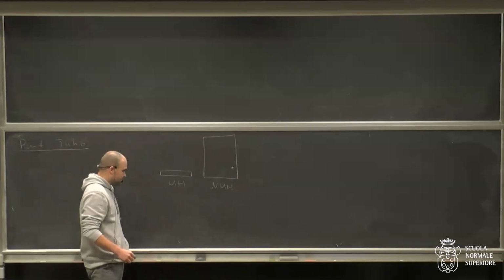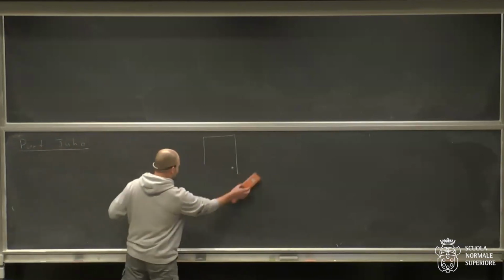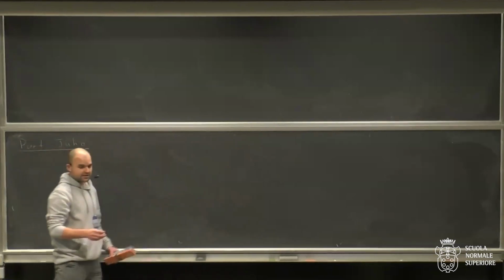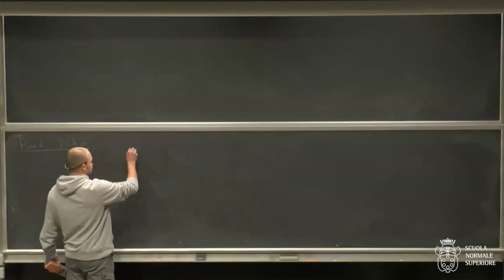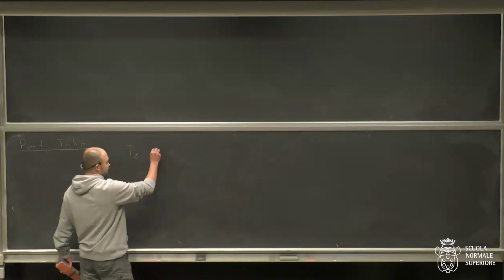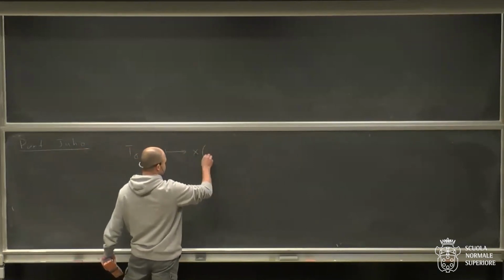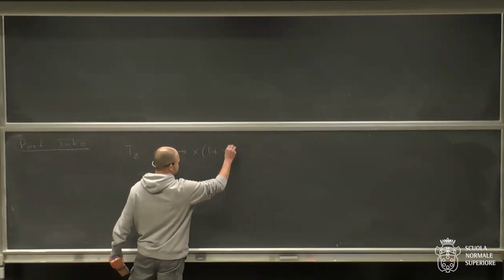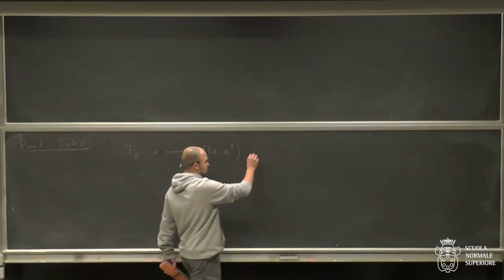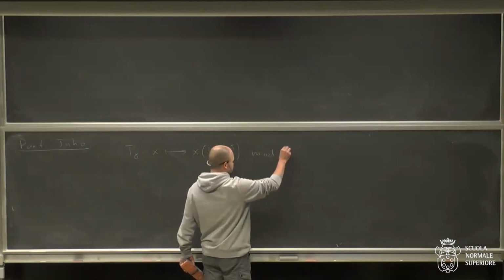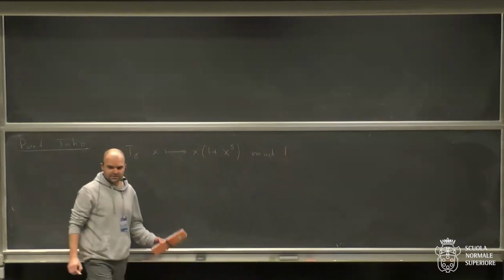We looked at a variation of the Liverani-Saussol-Vaienti maps T gamma, which take x to x times 1 plus x to the gamma, mod 1. You can have many different formulations of this.